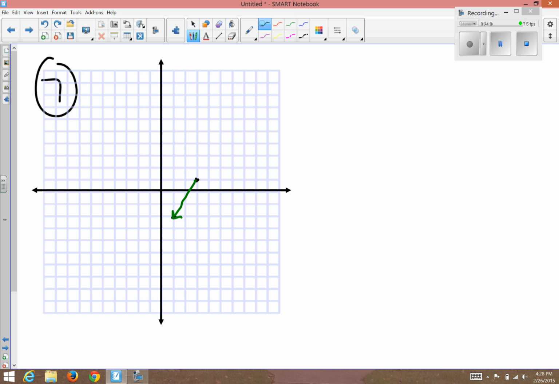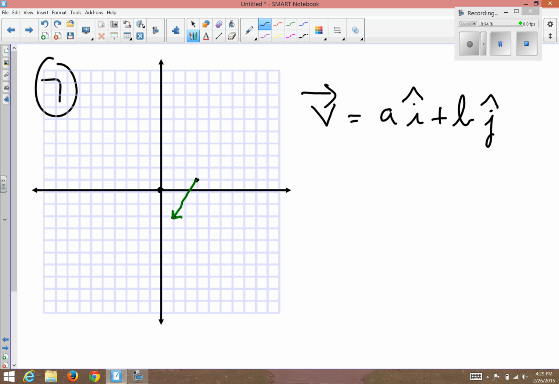The question says to express this vector in this form, A I hat plus B J hat. So what does this mean? Well, first of all, what they want us to do is move this vector so that it starts at the origin.